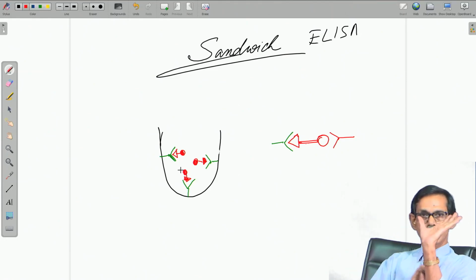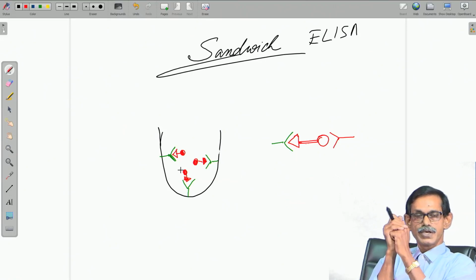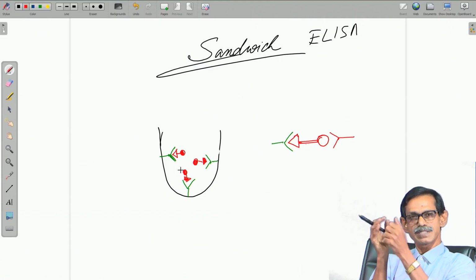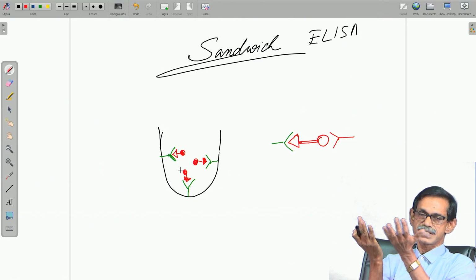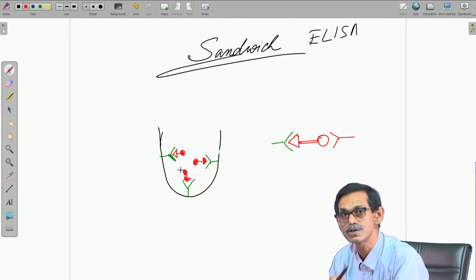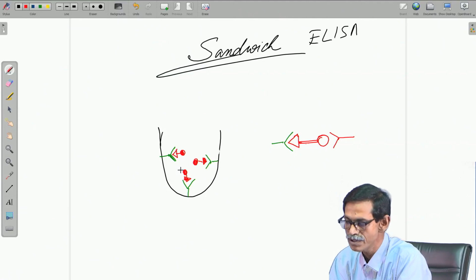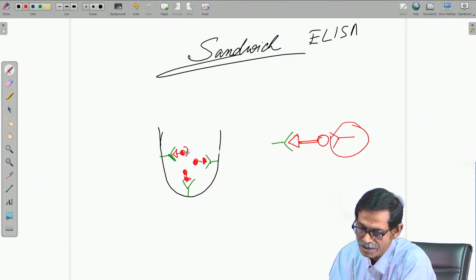So first you immobilize the antibody, then you add antigen, and one of the epitopes attaches. If by any chance there is a mistake or some non-specific interaction, because it is a protein-protein interaction, some non-specific binding can always happen. Just to eliminate that, to make it more specific, I am going to use another antibody, this red one. Now this red one binds here.